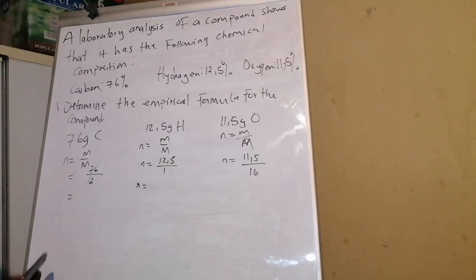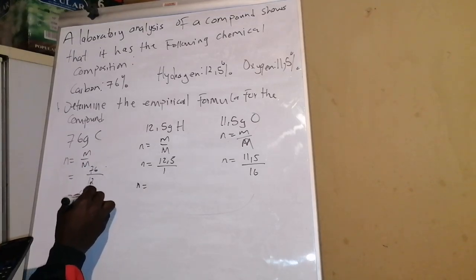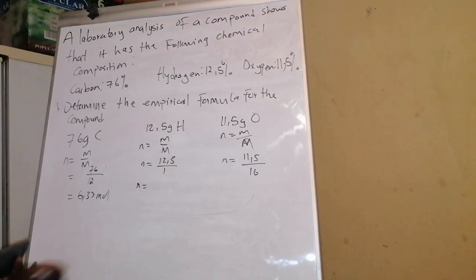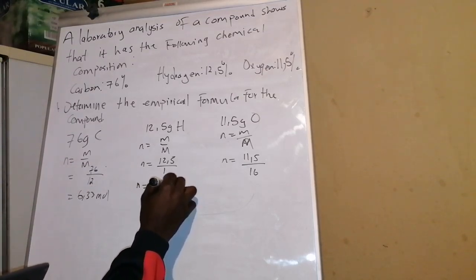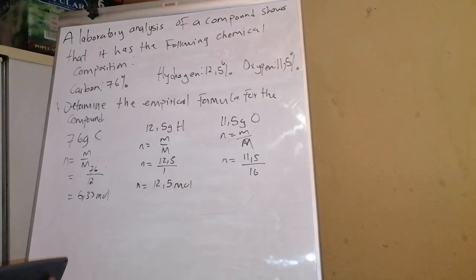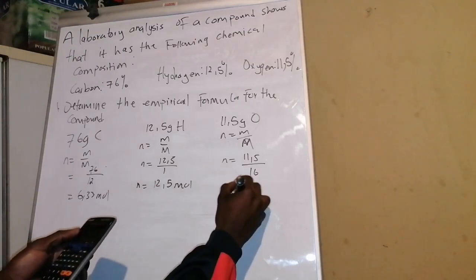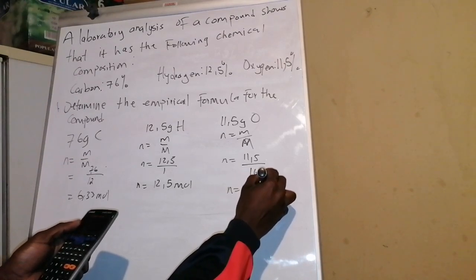You're having 6.33 mole. Then here obviously you are having 12.5 mole. Then there 11.5 over 16, you are having 0.72 mole.